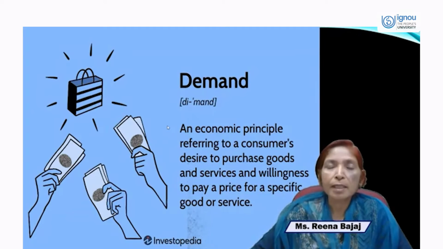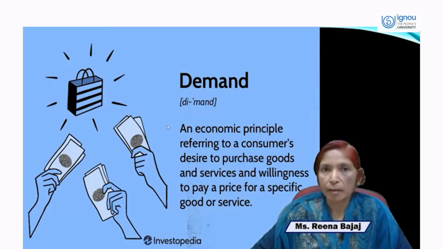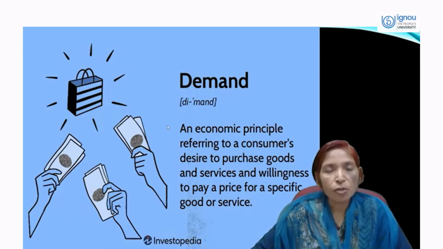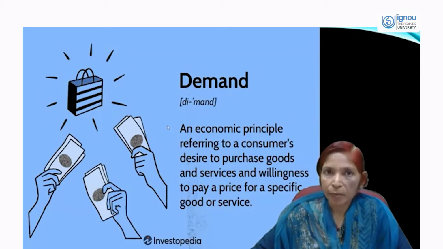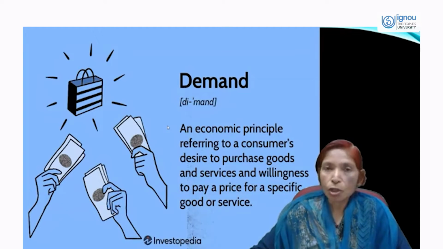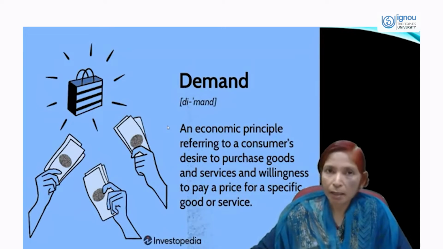Number one is willingness to buy. First of all, you must have a strong desire for a particular commodity which you are willing to buy. Second, the commodity should be available in the market.